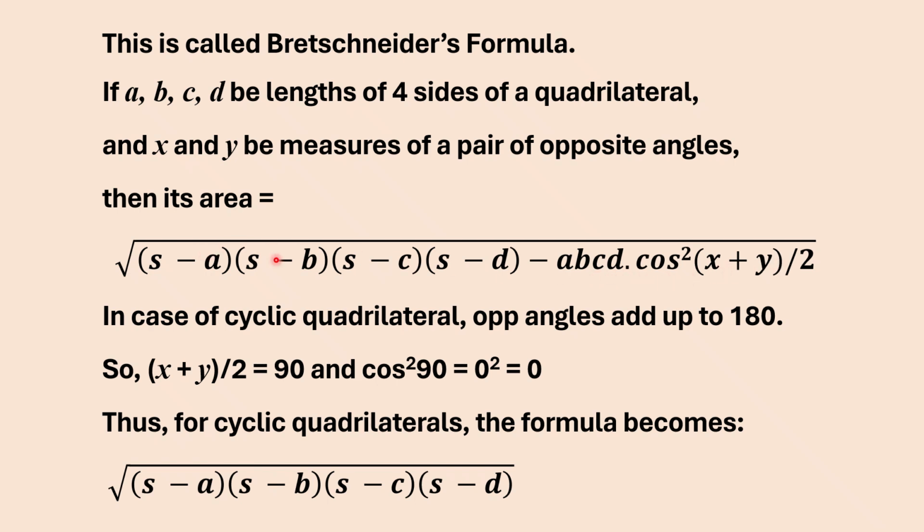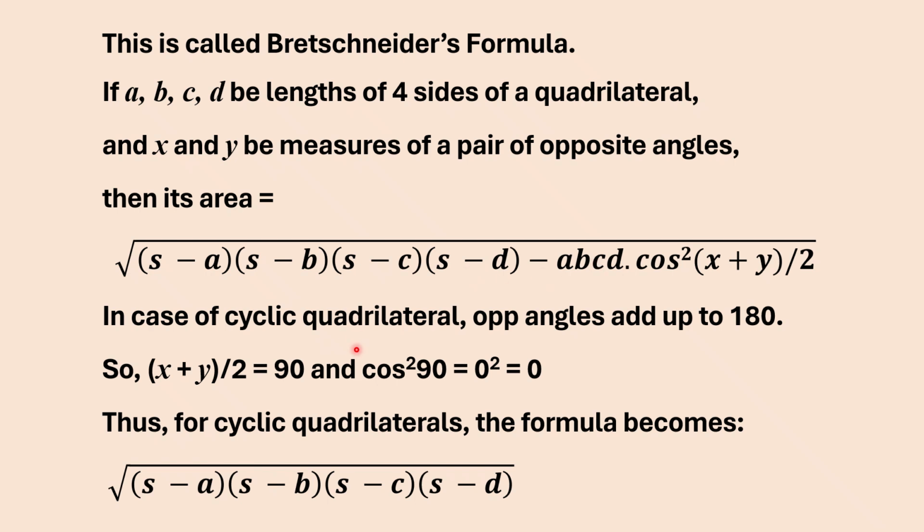The first part was result A, ABCD into cos square X plus Y by 2 was result B. So A minus B and then the square root.